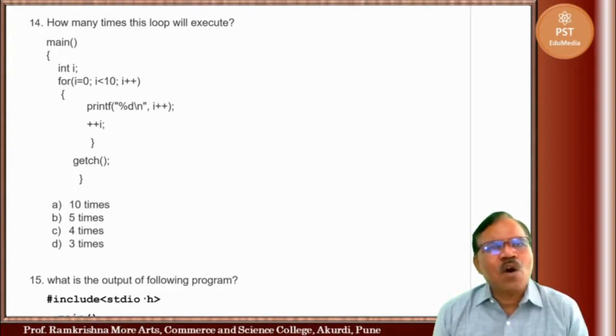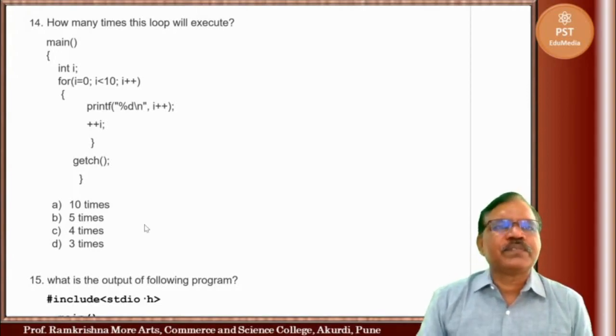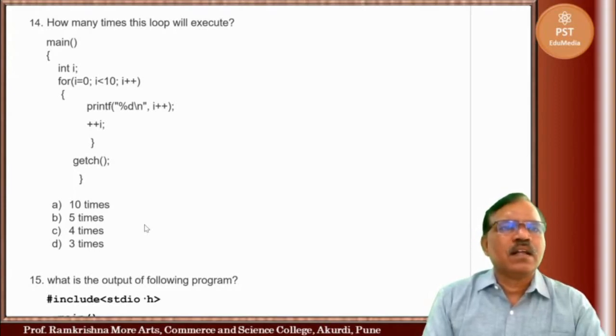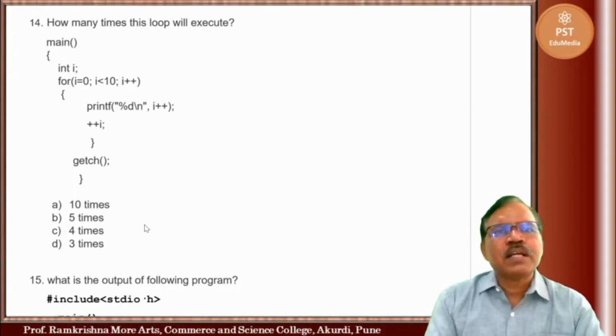Now see how many times this loop will be executed. Main int i, for i equal to 0, i less than 10, i plus plus, in brackets printf %d i plus plus, then plus plus i, bracket is completed, getch and so on. आता पहा प्रोग्राम तुम्ही केअरफुली पहा.